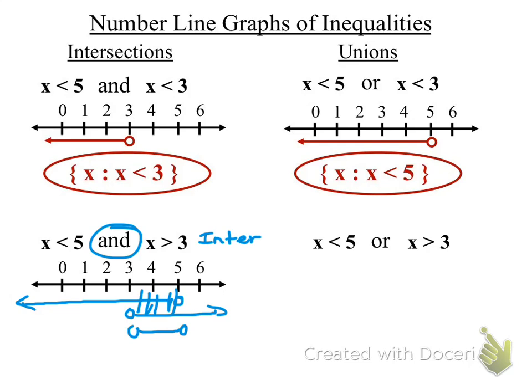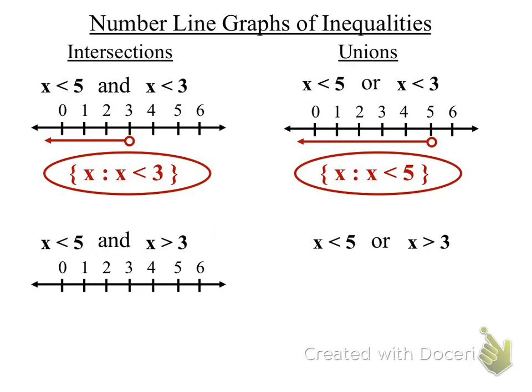What do you think? X is such that x is less than 5 and x is greater than 3. Perfect. You're just going to put both of those in that rule. Or you could write it as the in-between statement, but both ways are accurate.